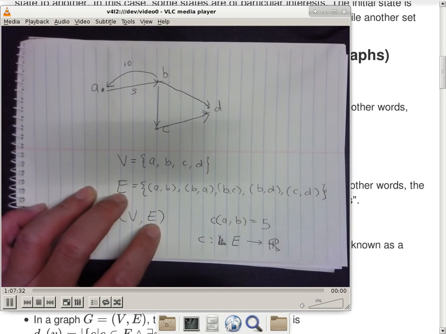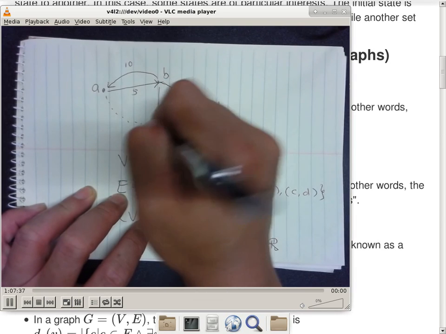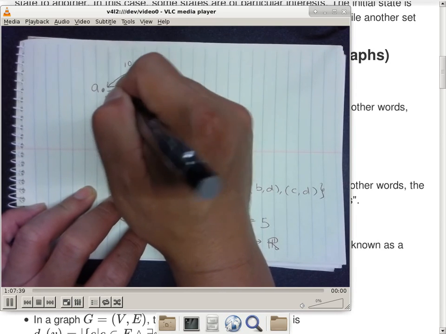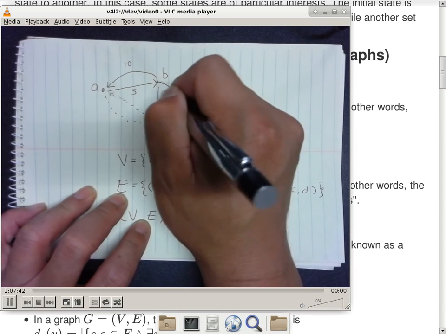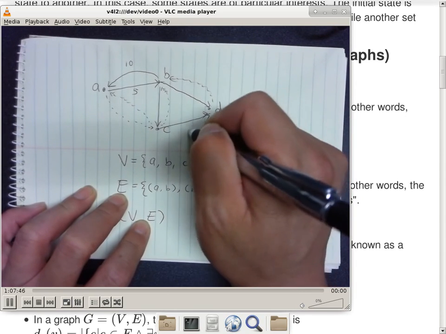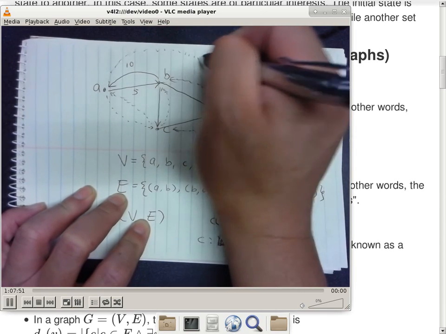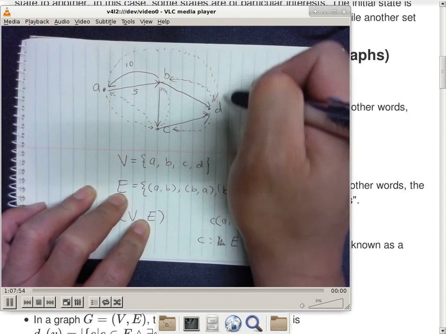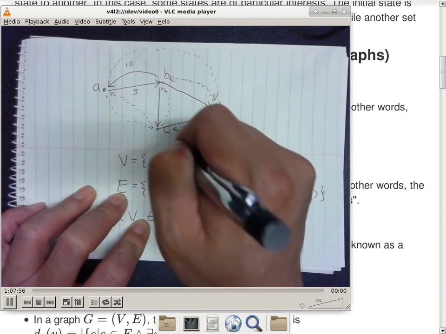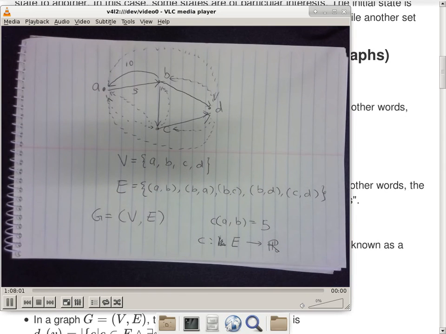Since this is a digraph, or directed graph, we are missing several edges, including two edges: one going straight from A to D, and the other going straight from D back to A. The dotted lines represent all the other edges that could have been here but were not in the original graph.